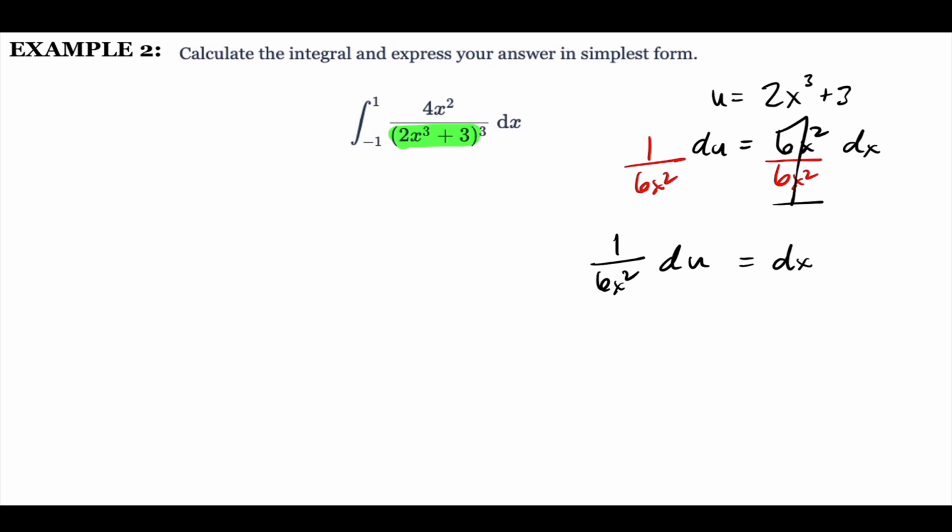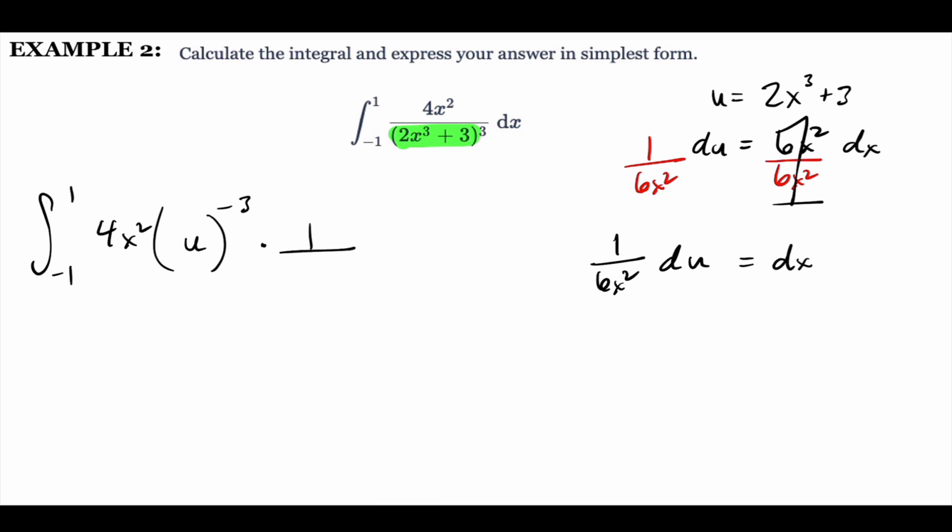All right, let's plug everything in. Let's see what we get. So we get the integral from 1 to negative 1 of 4x squared, which is going to stay. So I'm going to separate this. I should have done this at the beginning, but I'm going to separate it. So 4x squared's there. And then I'm going to put u here, to the negative third power.